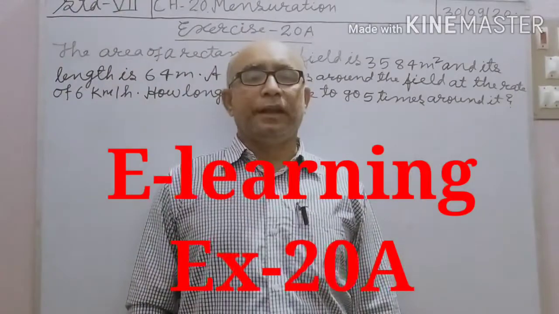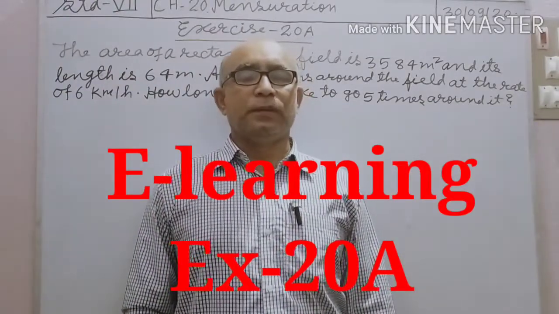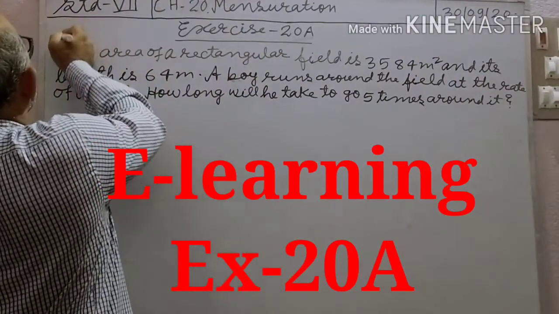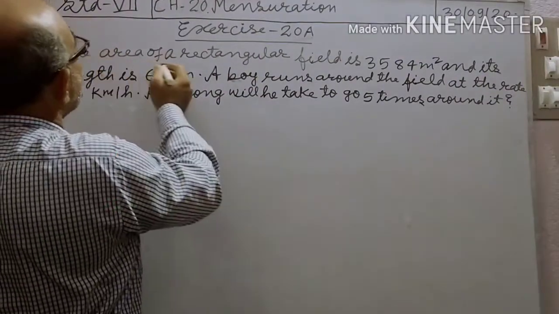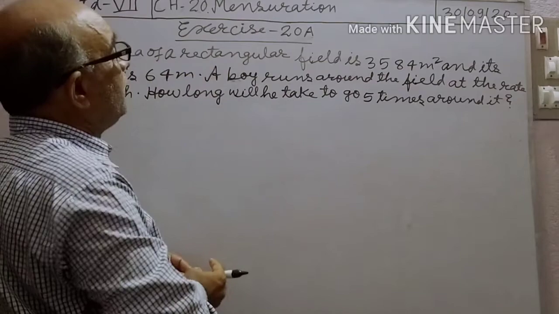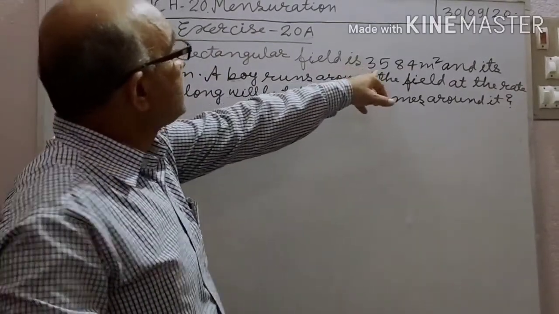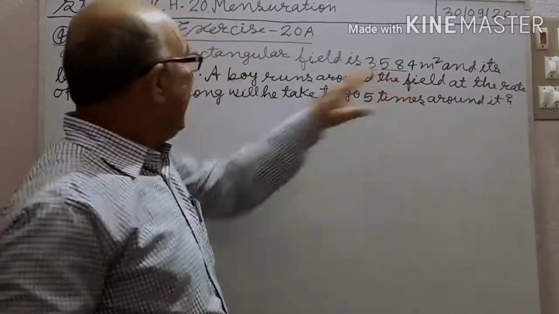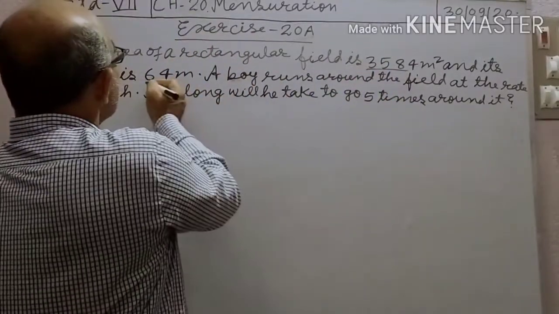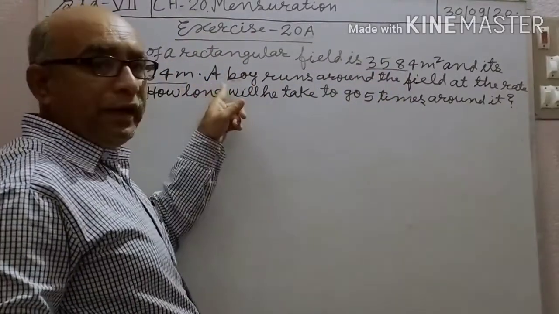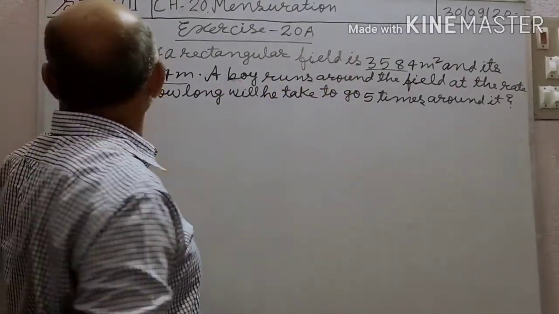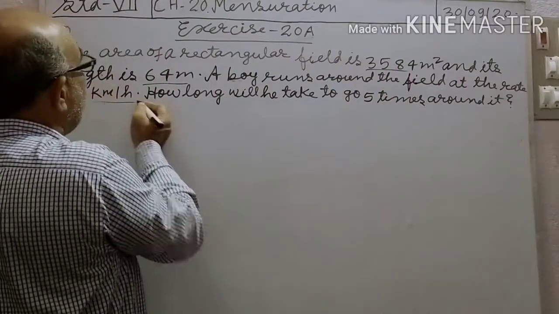Students, next question is question number 4. In this question, the area of a rectangular field is 3584 meter square and its length is 64 meter. A boy runs around the field at the rate of 6 kilometer per hour.